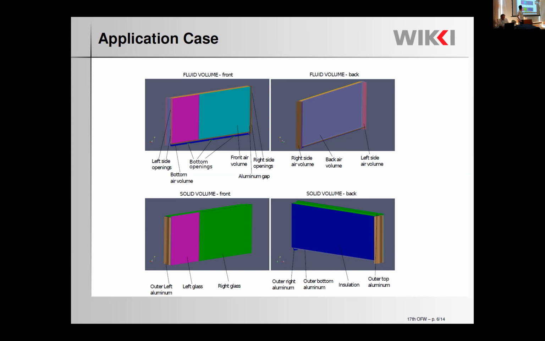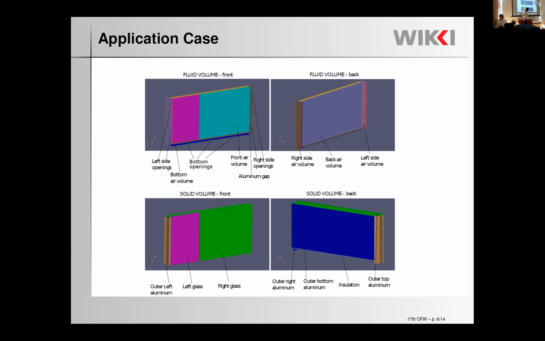Here they are split into two parts because the client wanted the left side of the window shaded, while the right side of the window was completely transparent, and the sides of the window are constructed from aluminum. We have the left part, the right part, the top, and the bottom.